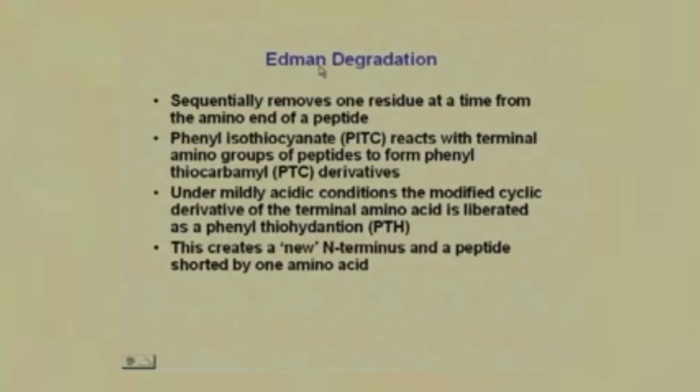In Edman degradation, what it does is it sequentially keeps on removing one residue at a time from the amino end of a peptide.